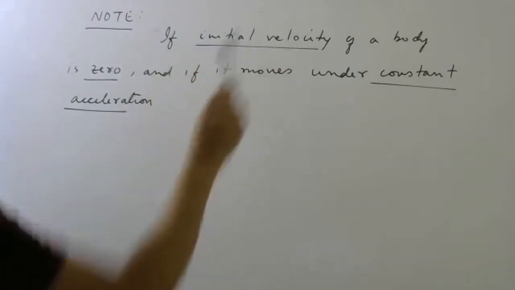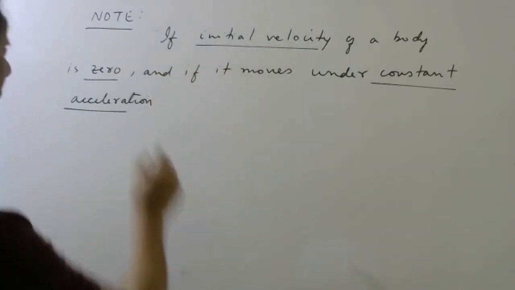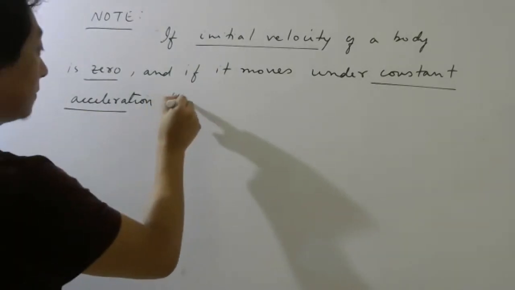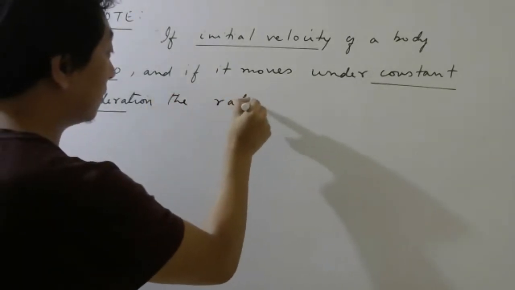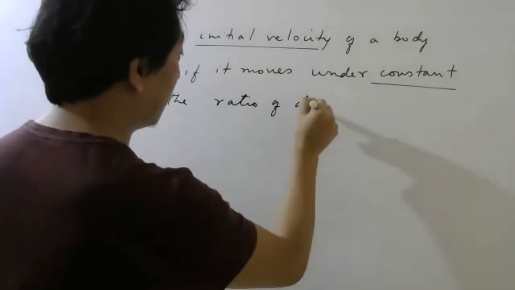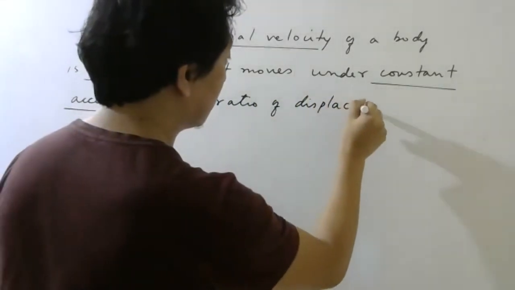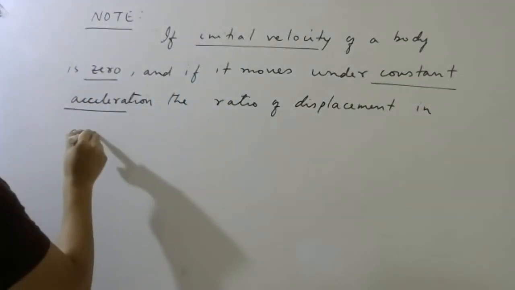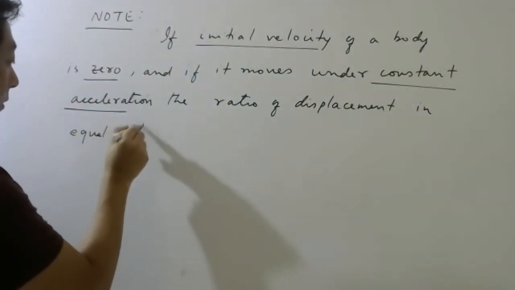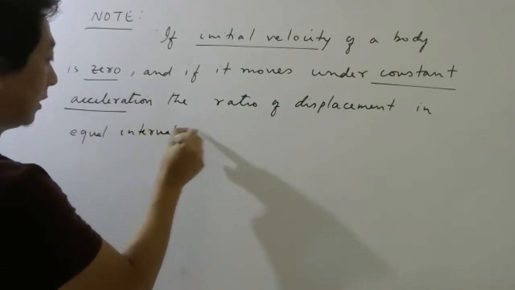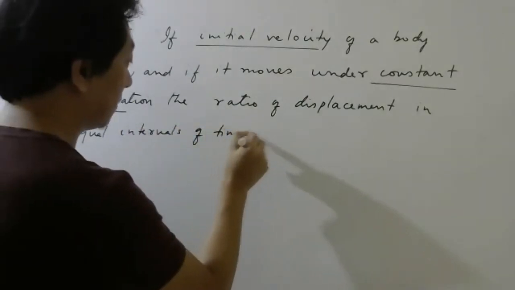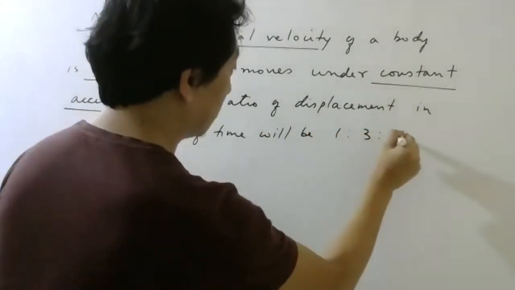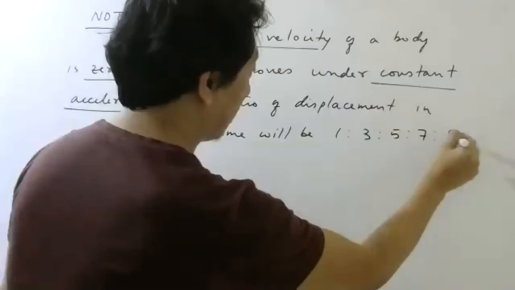So if initial velocity of a body is 0 and if it moves under constant acceleration, then the ratio of displacements in equal intervals of time will be 1:3:5:7:9.